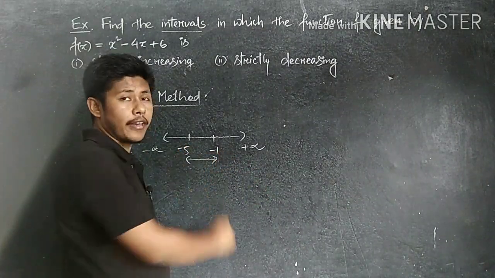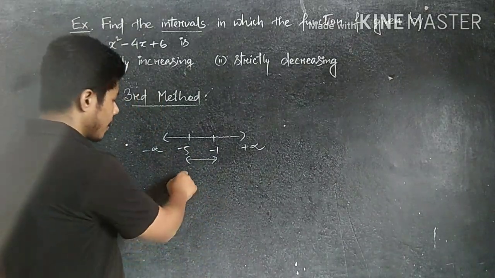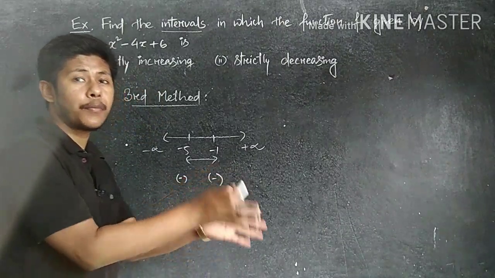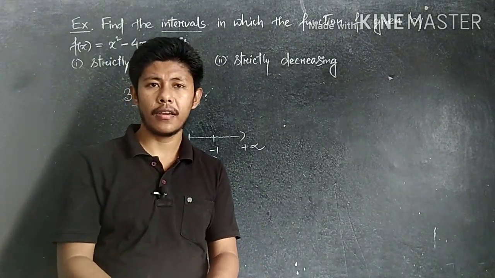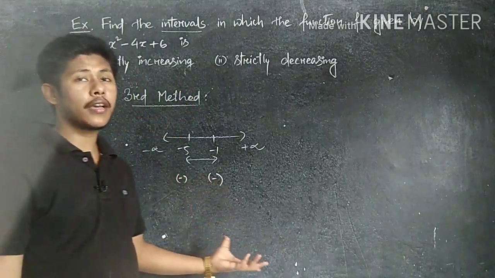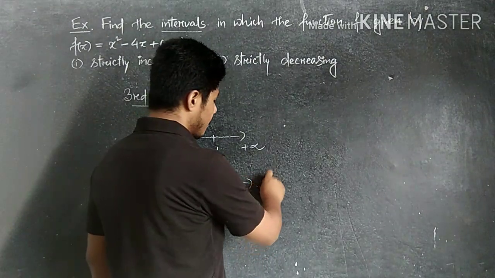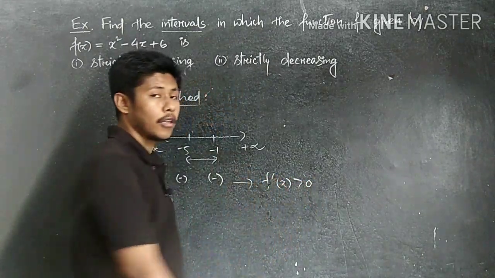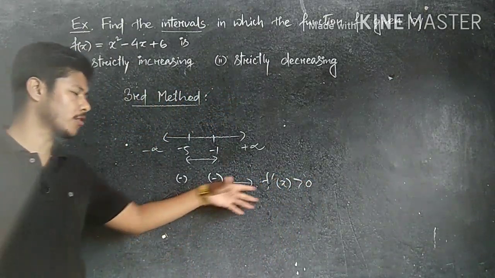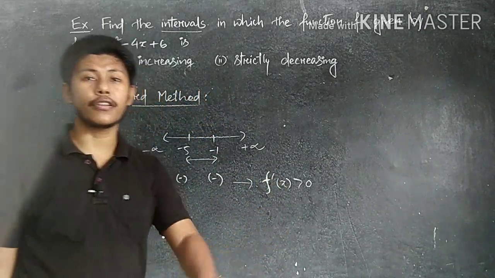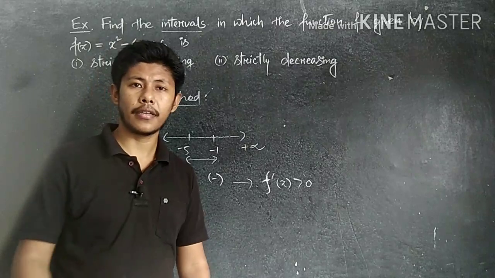If both are negative, two positives give greater than, one positive and one negative gives less than, and if both are negative the result is greater than 0. If both the results are negative, then also we get greater than 0. That means increasing or strictly increasing. Is it clear?